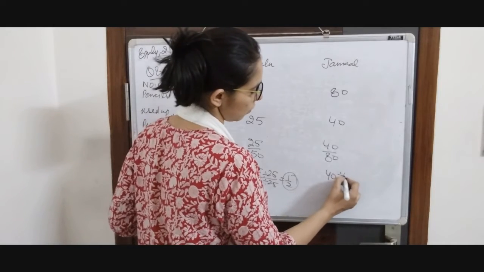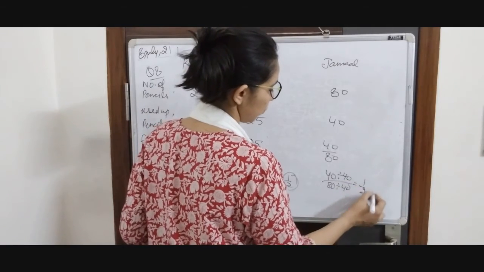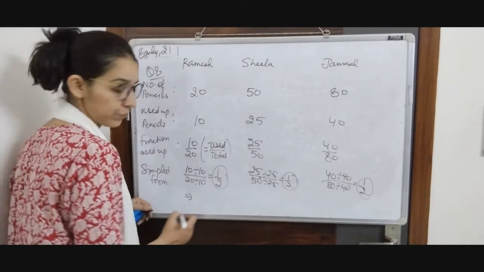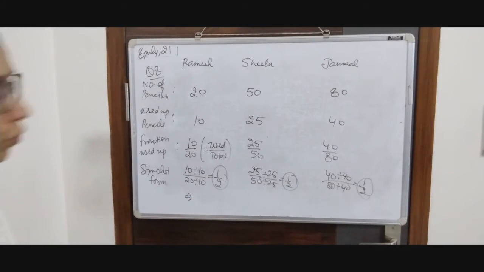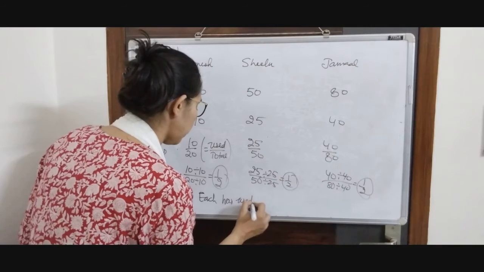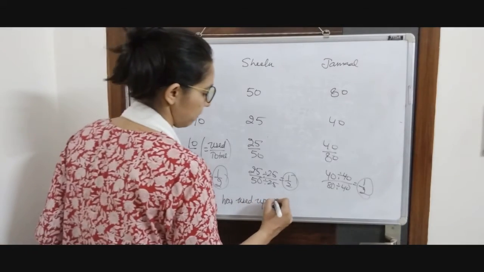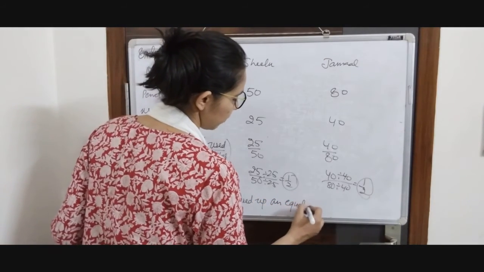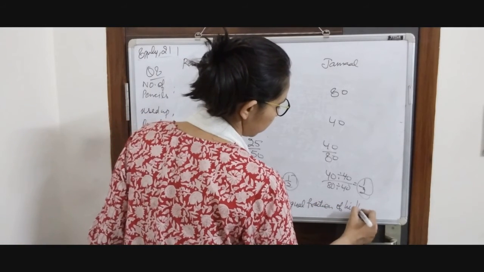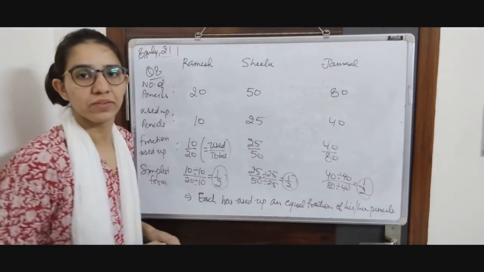And here also the HCF is 40, so we are going to get 1 by 2. So all the fractions are equivalent. This implies each has used up an equal fraction of his or her pencils.